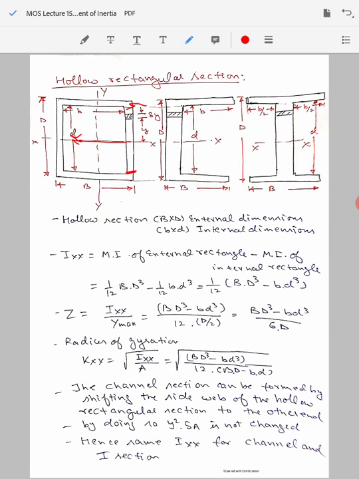Earlier it was capital B minus small b divided by 2. Right now it is capital B minus small b. So the width has become double here, and you see still the outer rectangle is of capital B into capital D size, and the inner rectangle is small b into small d size.